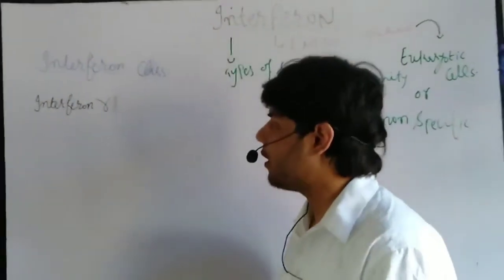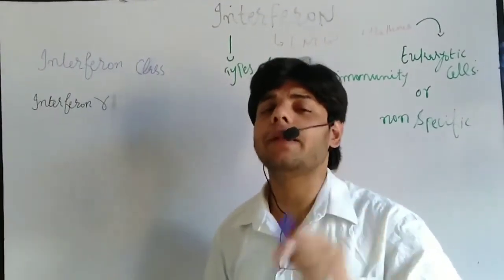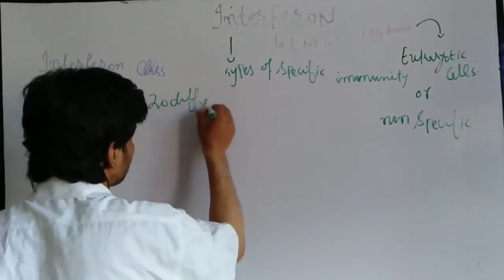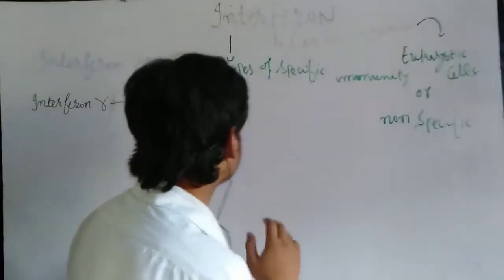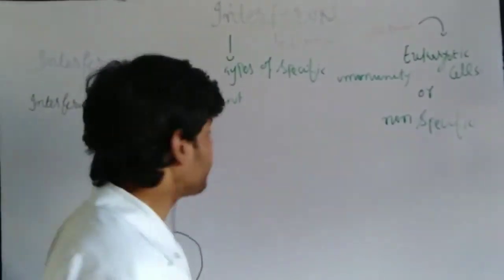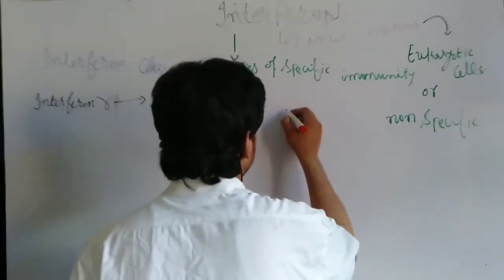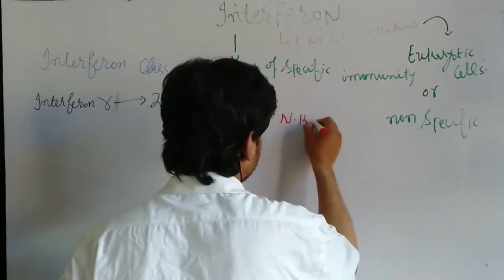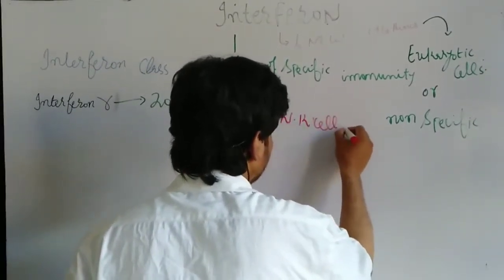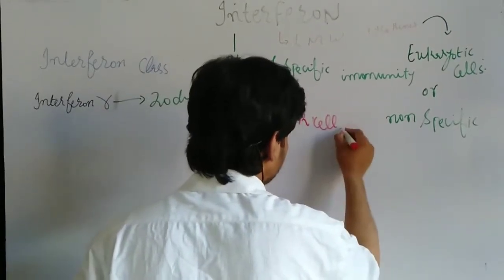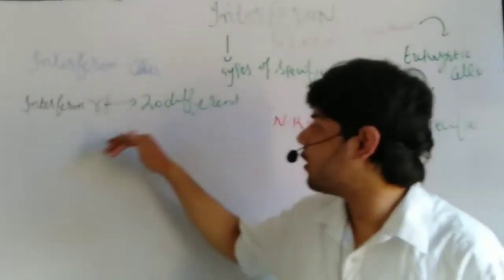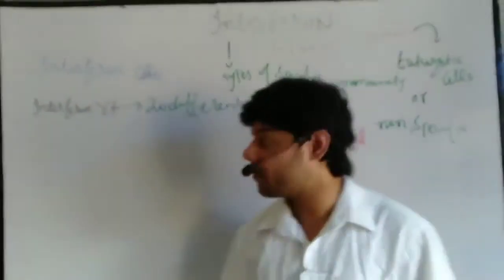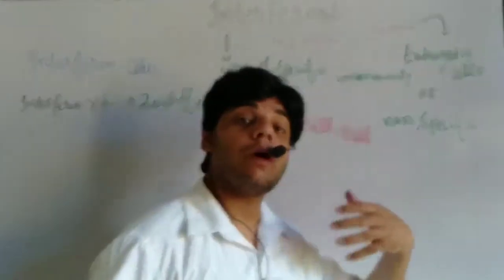This interferon gamma contains 20 different families of molecules, which are usually related to the interferon, and these 20 different families of molecules are usually secreted from natural killer cells, T cells, and some infected cells.